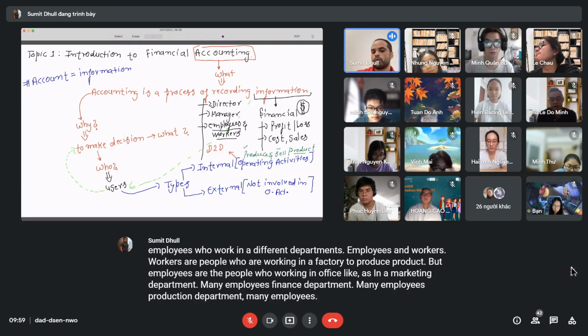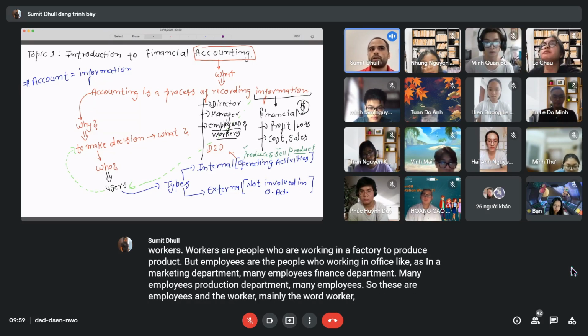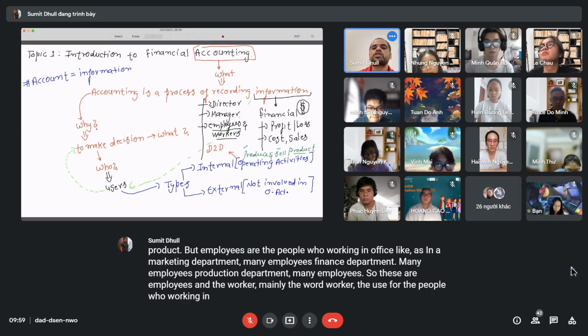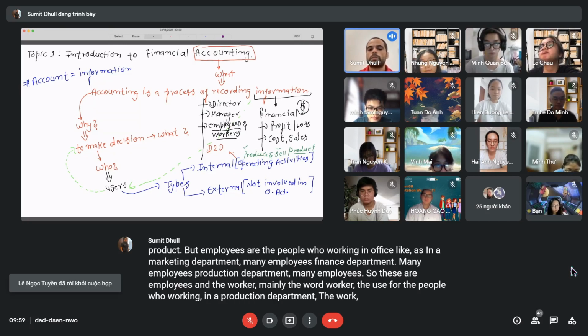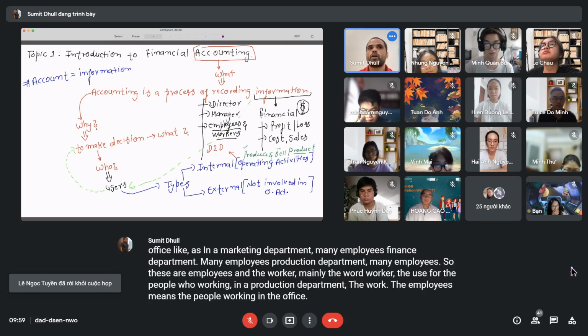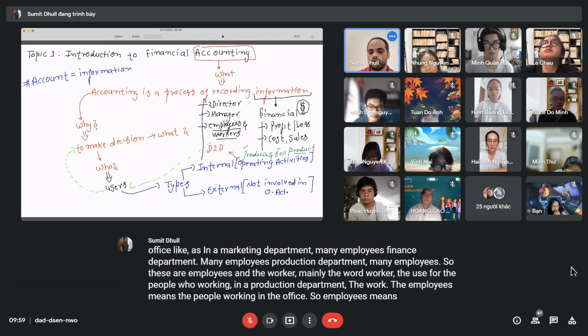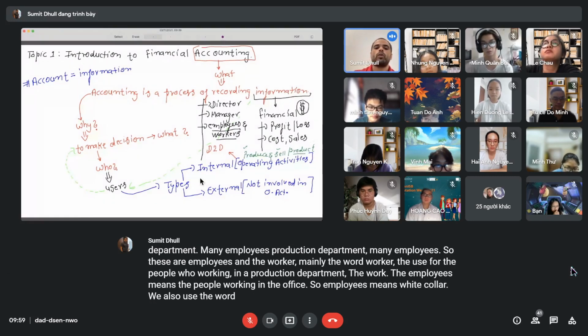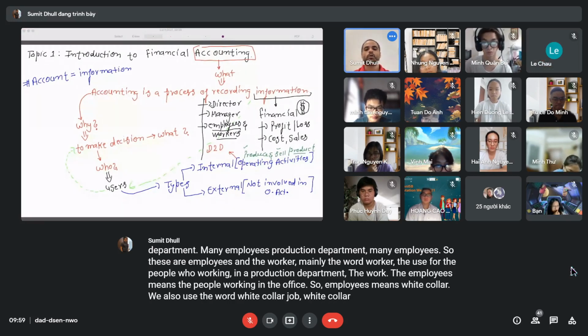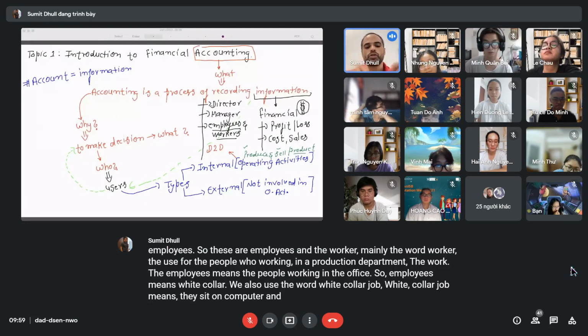The word worker we mainly use for the people who work in a production department. Employees means the people working in an office. So employees means white collar. We also use the word white collar job. White collar job means they sit on a computer and do some administration work.